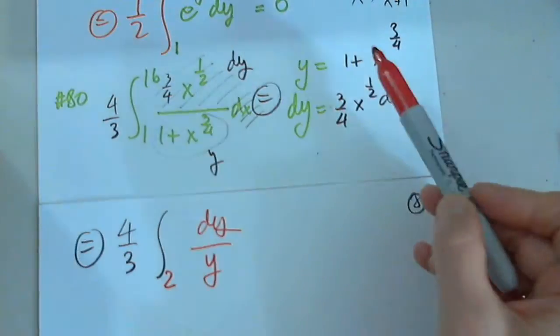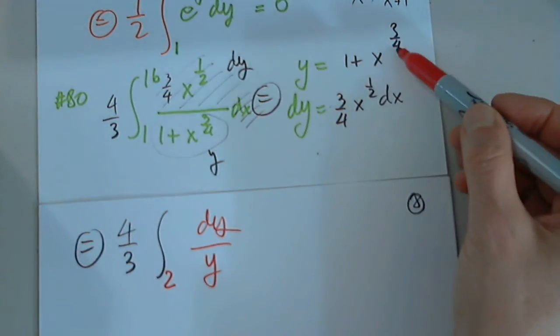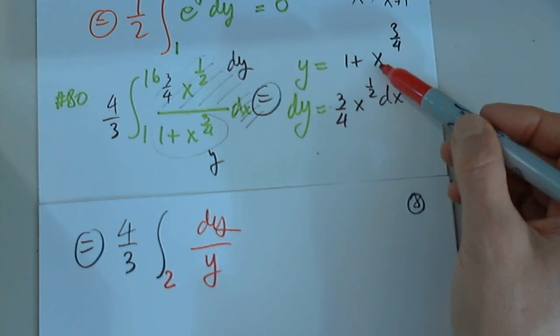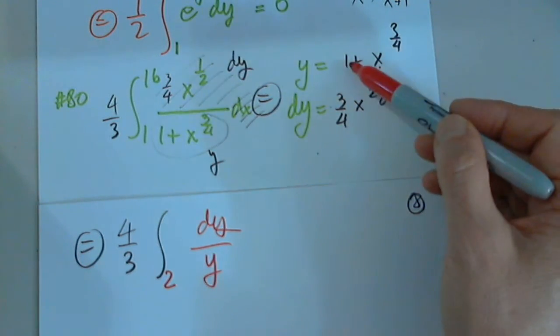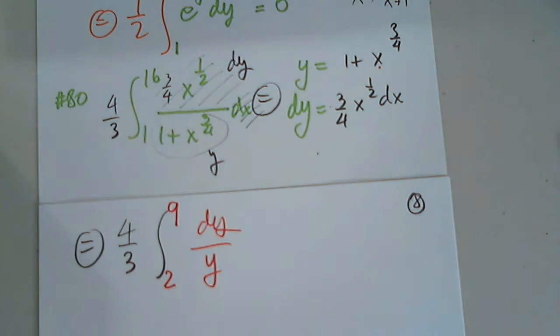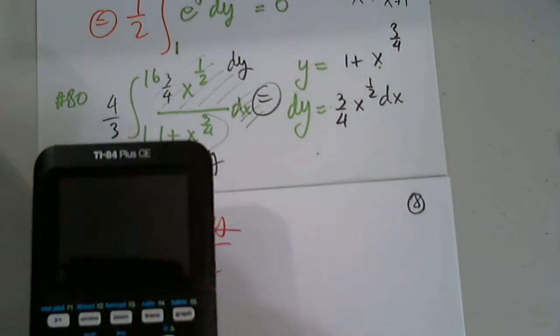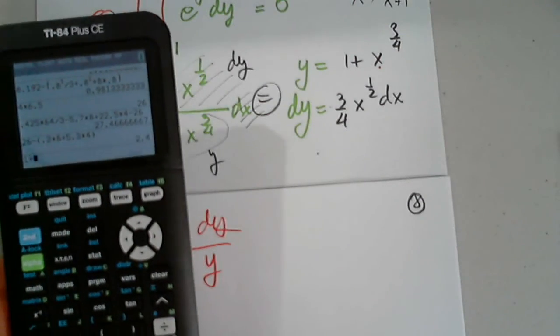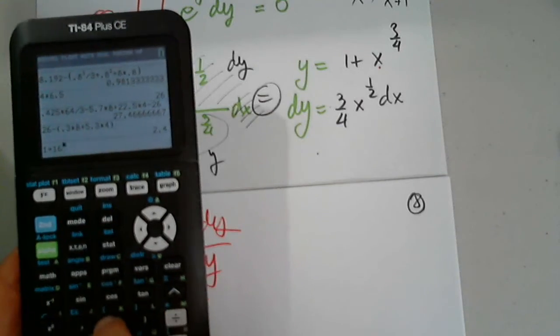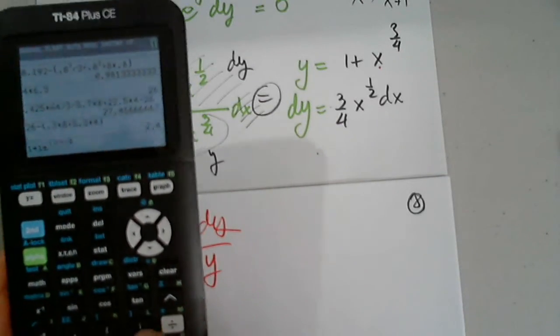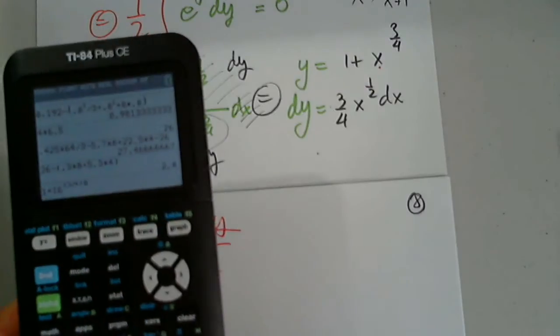When x is 16, we have the 4th root of 16, which is 2. 2 to the 3rd, which is 8. 8 plus 1 is 9. Or you just plug it in. I don't like doing that, but that's okay. So 1 plus, we have 16 to the power, I always use parentheses, 3 divided by 4, and the answer has to be 9.